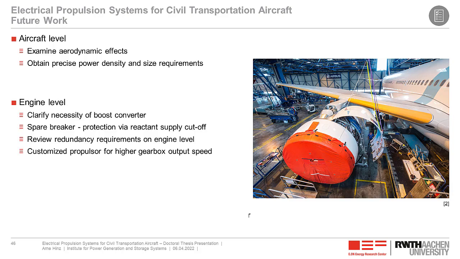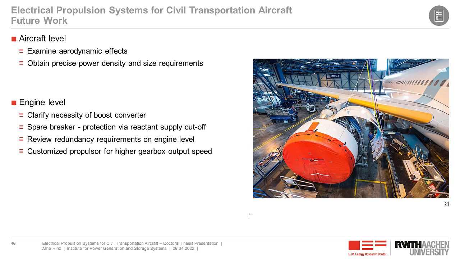And on engine level, we should clarify the necessity of a boost converter and also of the breaker, as we could, for example, protect the propulsion module by shutting off the reactant supply. Further, we should review the redundancy requirement on engine level so that we could obtain a lighter engine spool design.